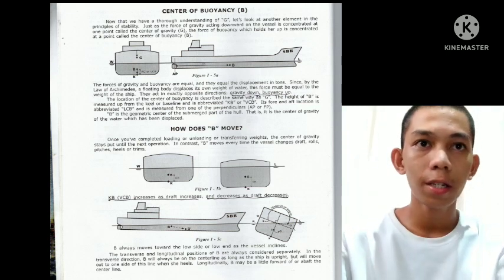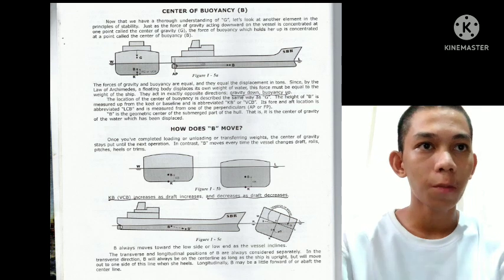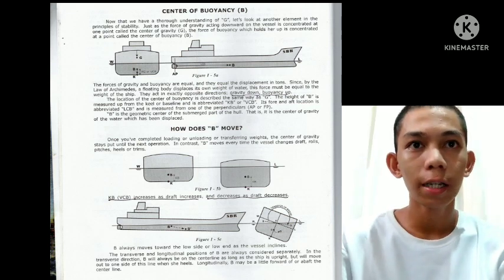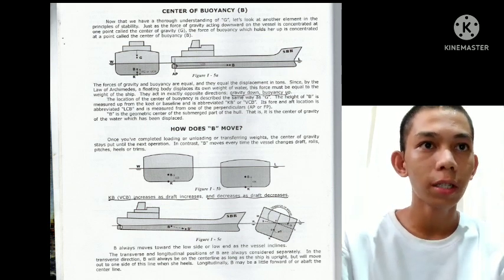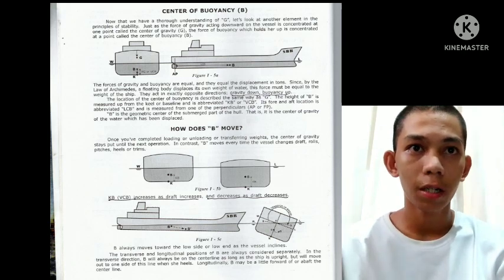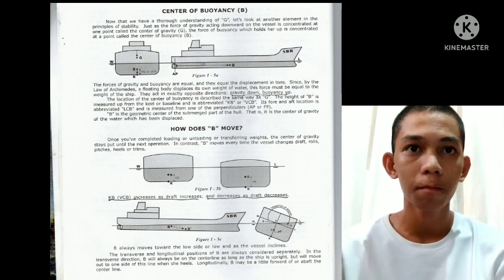The forces of gravity and buoyancy are equal, and they equal the displacement in tons. By the law of Archimedes, a floating body displaces its own weight of water, so this force must be equal to the weight of the ship. They act in exactly opposite directions, gravity down, buoyancy up.